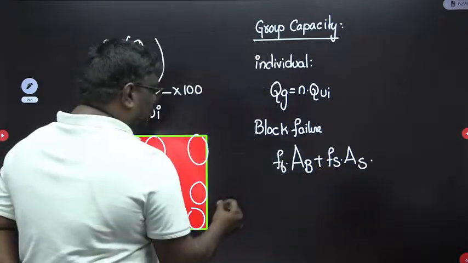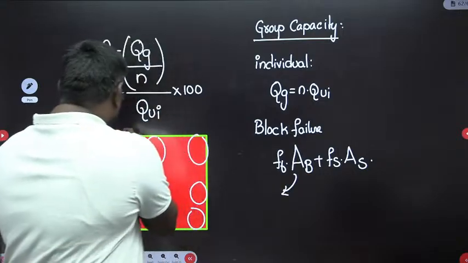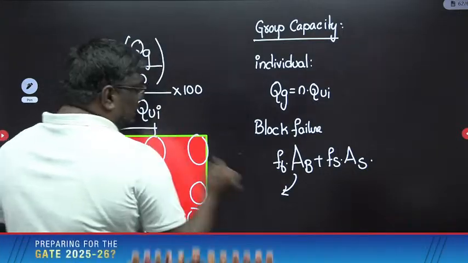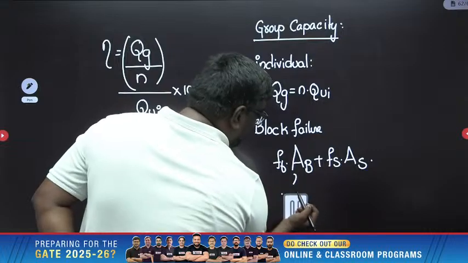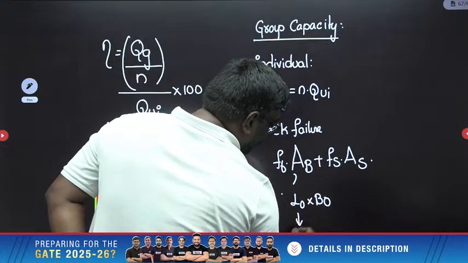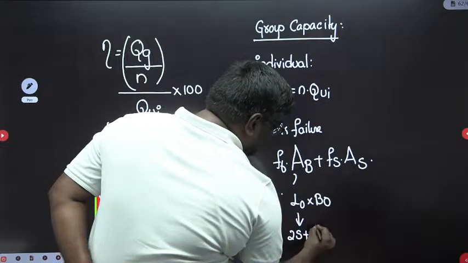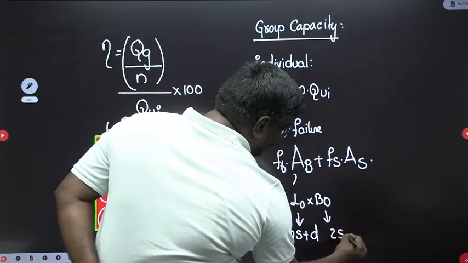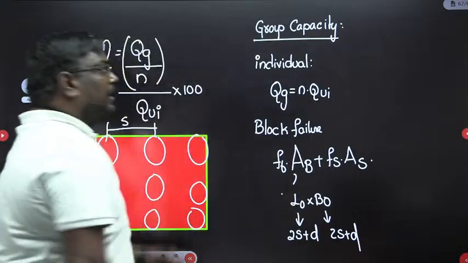Suppose area of the block will be equal to what, sir? Here if the spacing between them is S, this will be equal to L0 into B0. But here what is L0? 2S plus dia of the pile, and it's a square group, no? So it will also be 2S plus D. I hope you are following what is this.